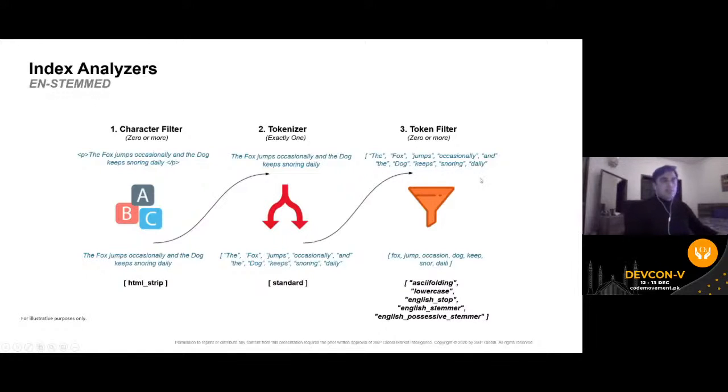As I mentioned earlier, this is how the text would be stored in Elastic. This is the output of the index analyzer. The output of your search analyzer has to have the same token sequence, or some of the tokens should be exactly the same as the tokens generated by the index analyzer.